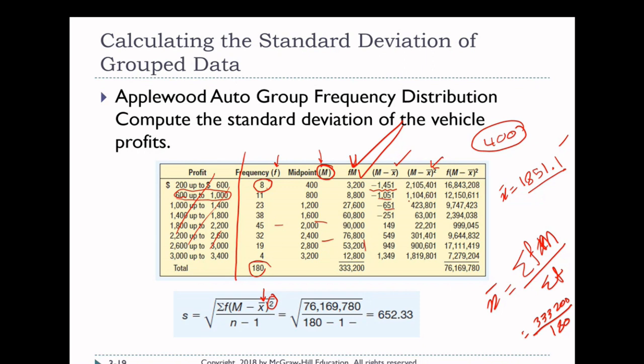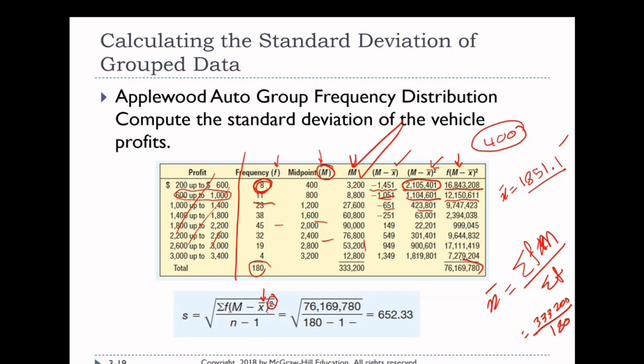I need it squared. Then I need to multiply this squared value times the frequency. This value times f, 8, becomes 16 million. That is f times m minus x bar all squared. And so on, I multiply this one times its frequency, and this one times its frequency.